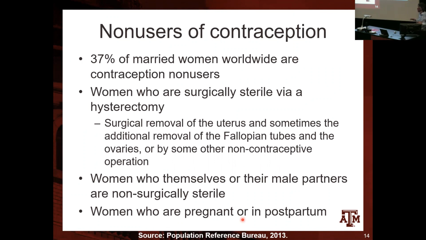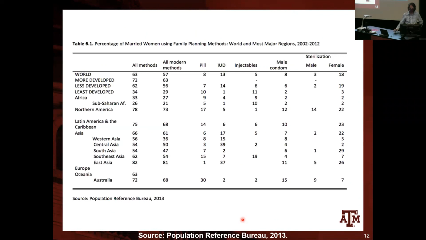Whenever we are trying to understand which methods people use more to control birth, so family planning methods, we also have the opposite information here. We know that 63% of married women around the world are using any kind of method.